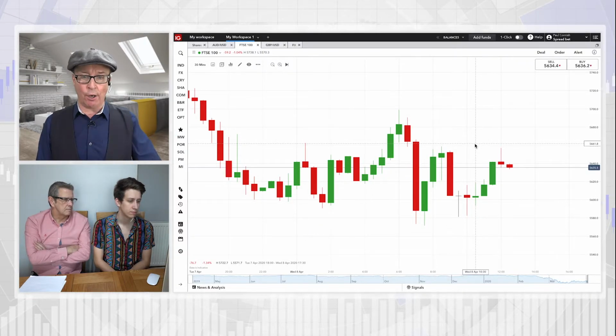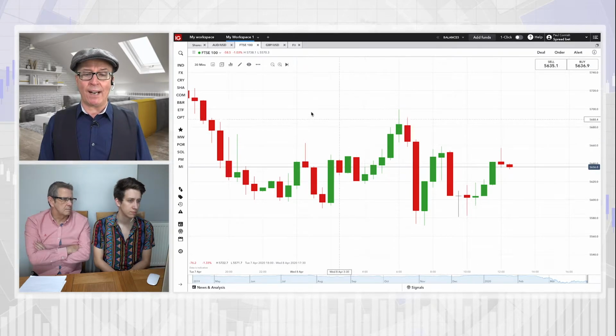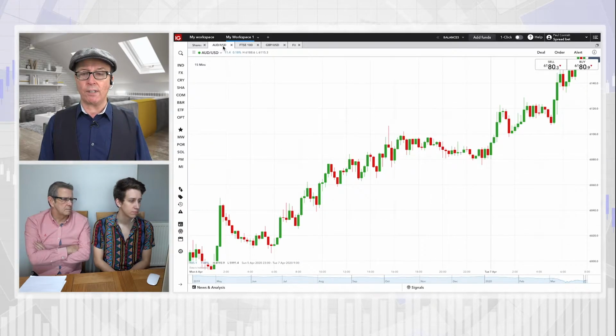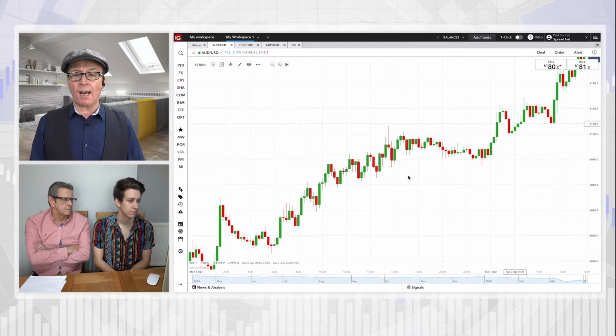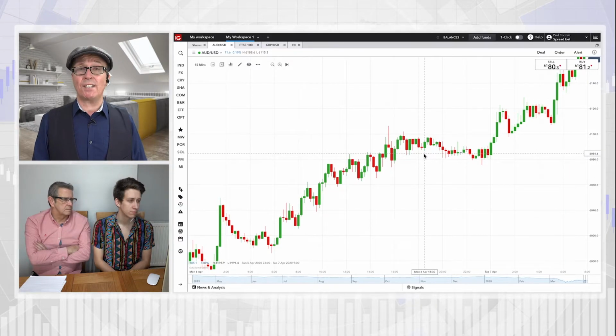If you look at this market here, you can see that it's going up from this point to that point, and then it's sort of going sideways here, and then it's going up again. Now this is on the 15-minute time frame. If I was trying to establish a trade, I wouldn't normally do it on a 15-minute time frame. I'm just showing you this so that you can see the different ways that the market can move: up, sideways, or down. And we can highlight these movements with something called trend lines.